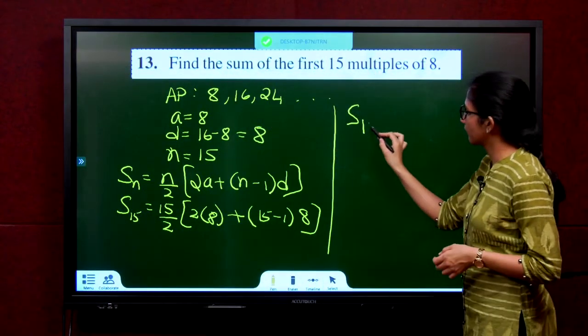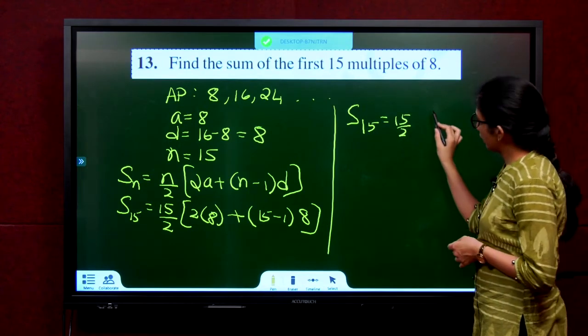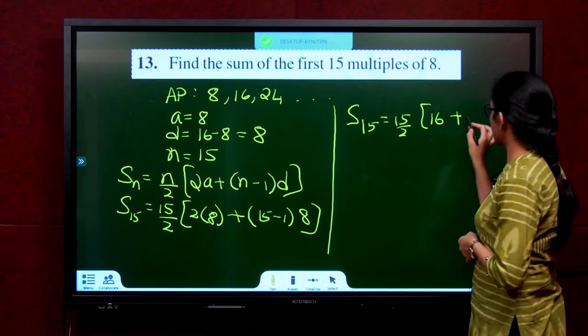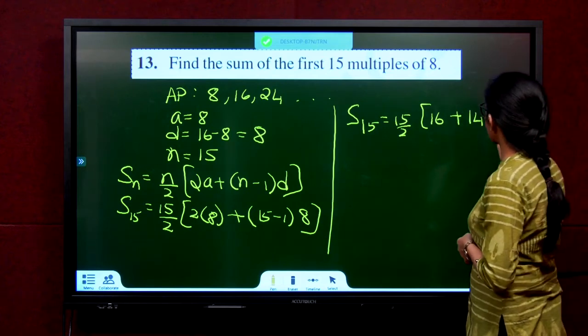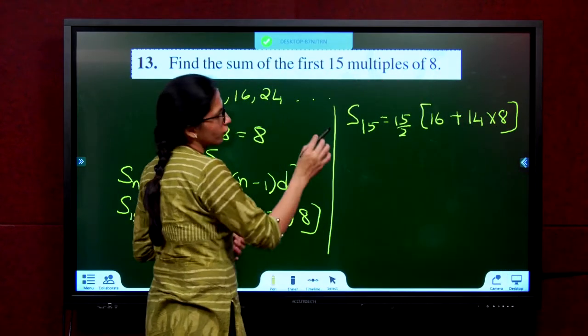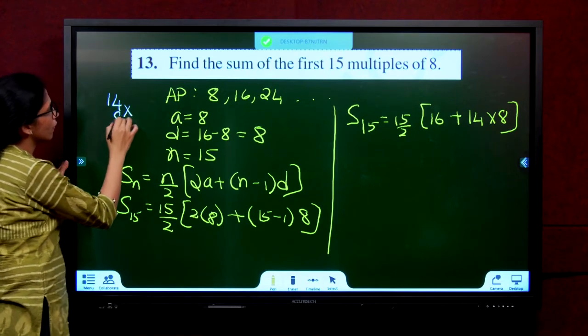S15 is equal to 15 by 2 into 16 plus 14 into 8. Let me do 14 into 8 here.